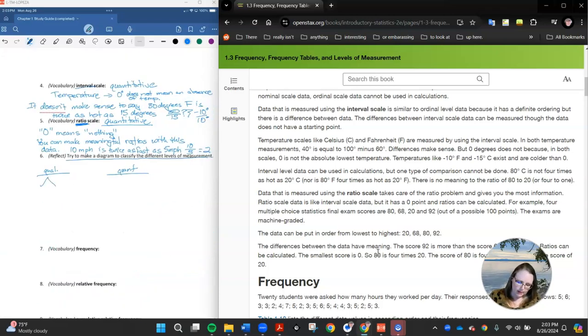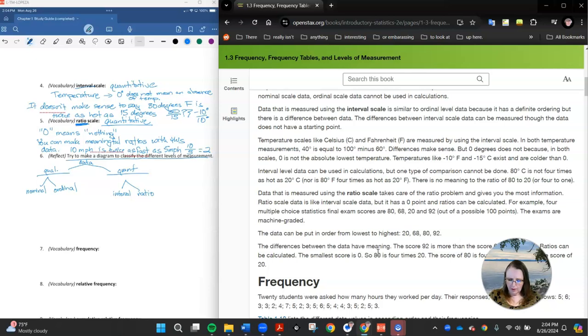So qualitative data, nominal is a kind of qualitative data, and ordinal is a kind of qualitative data. Quantitative, we have interval and we have ratio. And really, technically, these fall under the category of types of data. So you can see how those fit into things.